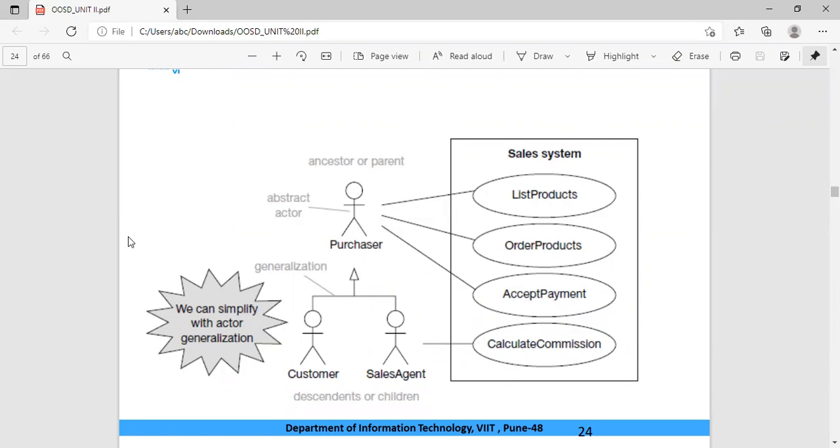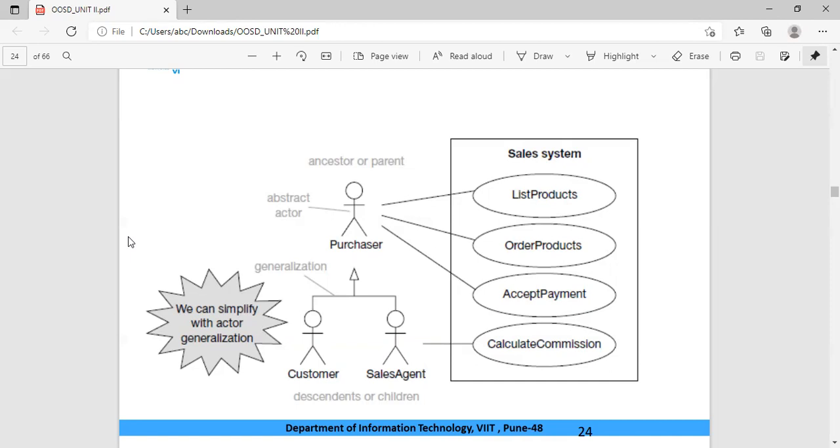So now, if I want to purchase a particular product, say n number of products are listed over there. So list the products is the one functionality where I can identify what exactly the products are. I can identify which different types of products are available for that purchase.